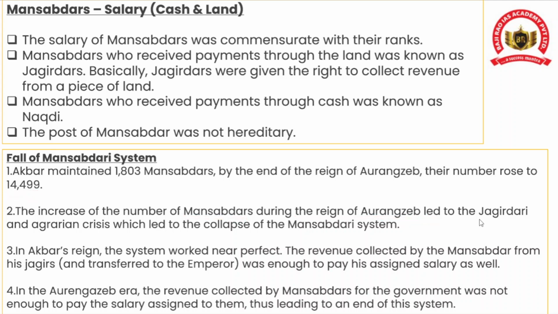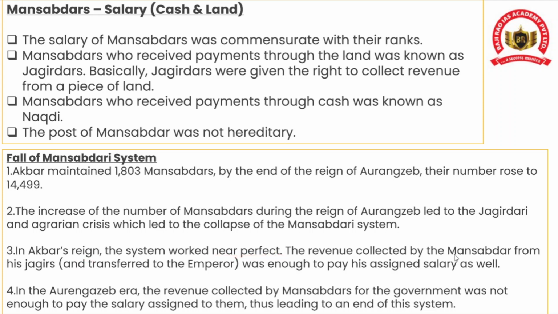This led to the jagirdari and agrarian crisis over a period of time, because the primary task of these jagirdars was to collect revenue from a particular piece of land, and if they continued to extract those revenues without good agricultural produce, it led to the agrarian crisis. However, during Akbar's reign, the system worked near perfectly.